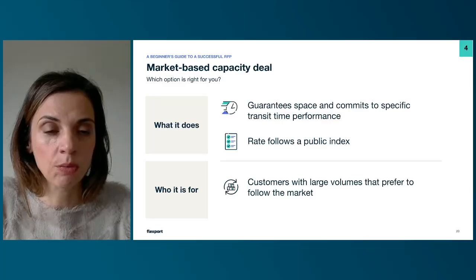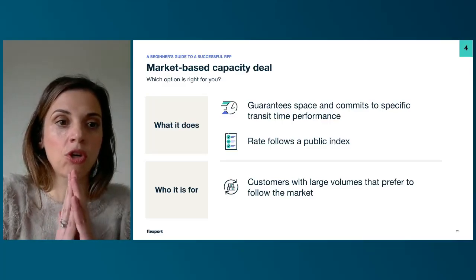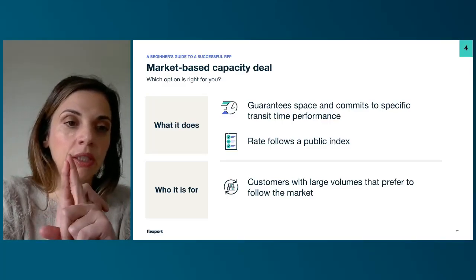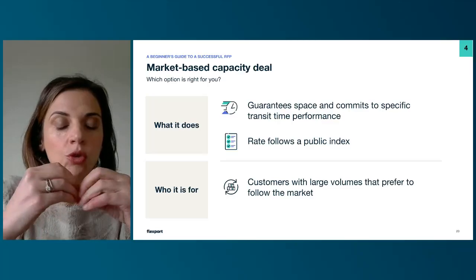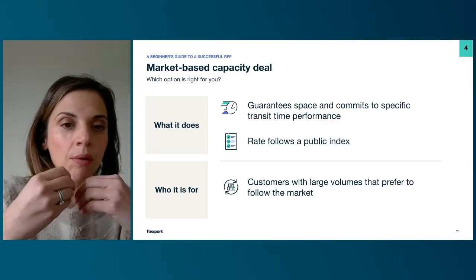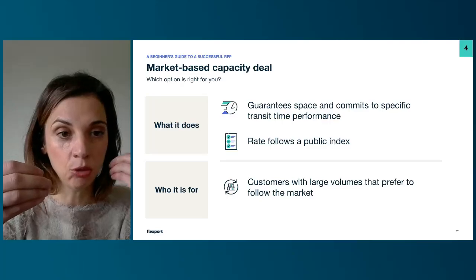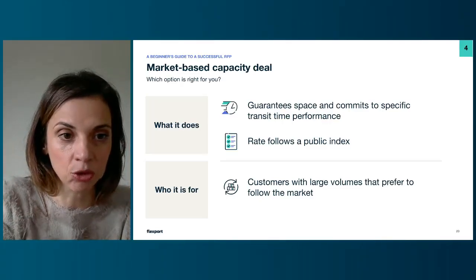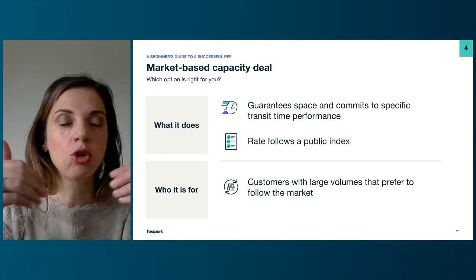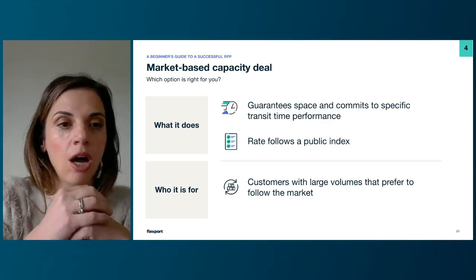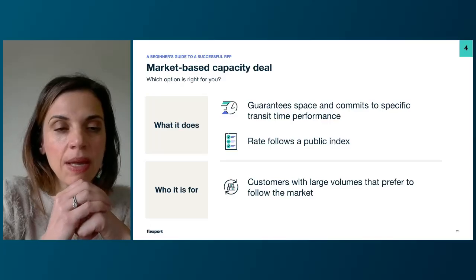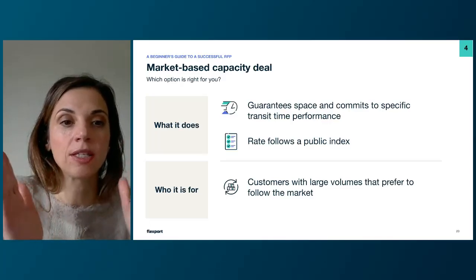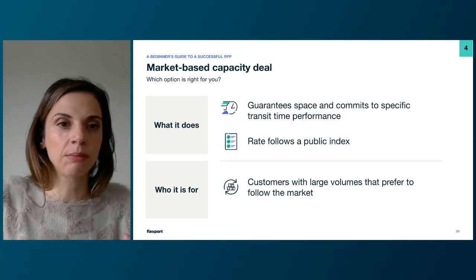So these were the four instruments. Just to recap across the four, we got the long-term deal, which is the most guaranteed in terms of price, but you do need to come in with a volume commitment with it, typically 6 months or longer, typically 1 year. You have the short-term deal, which doesn't guarantee the space. It gives you your price for the month, which is maximum flexibility.